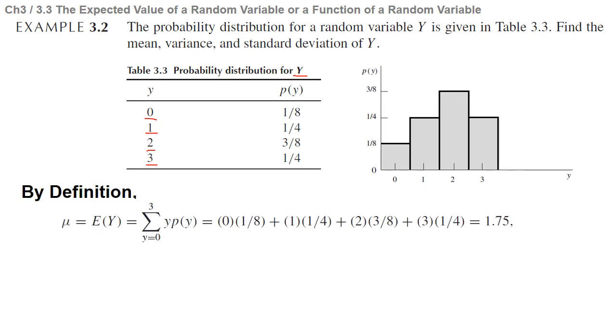By definition, mu = E(y) can be calculated this way: the sum over all y, y equals 0, 1, 2, 3, of y times the probability of y.